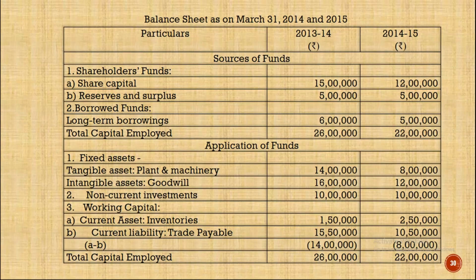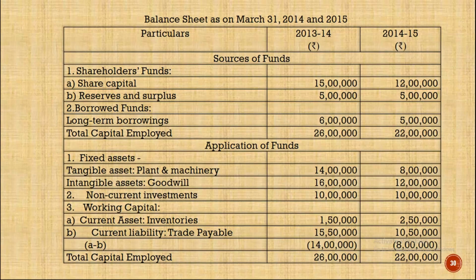Under that, you can see three important points. First is fixed asset. Under that, two headings are there. First is plant and machinery, that is tangible asset. Next is goodwill, which is intangible asset. Then the second point is non-current investment, that is nothing but a long-term investment.